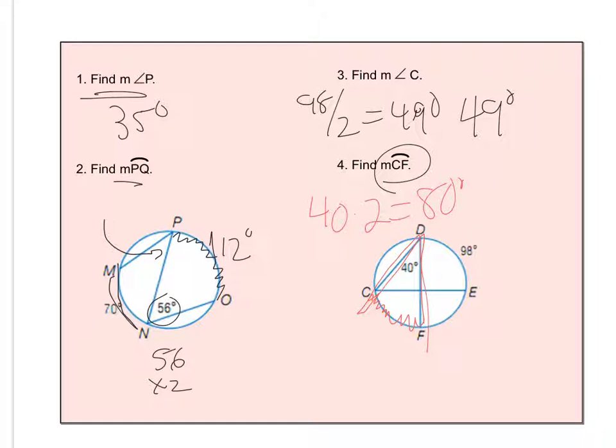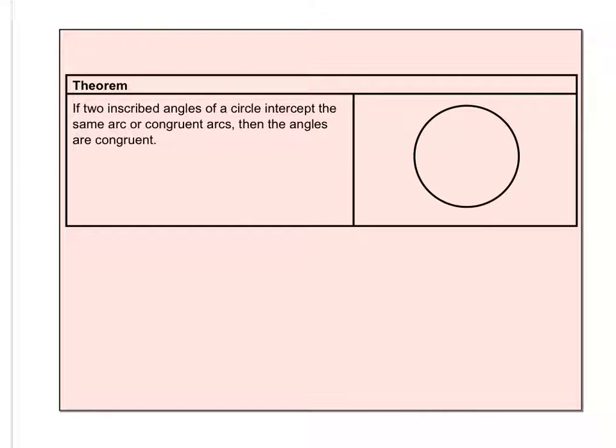All right, so if two inscribed angles of a circle intercept the same arc or congruent arcs, then the angles are congruent. Let me draw a situation here. So let's say I've got a point here. I've got this inscribed angle intercepting this arc.